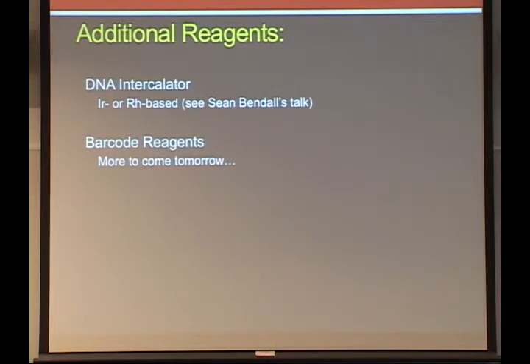And lastly, we have a few barcoding reagents that we use to stain multiple samples across conditions or across individuals simultaneously, run them through the machine at one time, and then afterwards deconvolute that data back out and determine which conditions the cells originated from. And you'll hear a much more lengthy description of those reagents from Eli Zunder tomorrow.